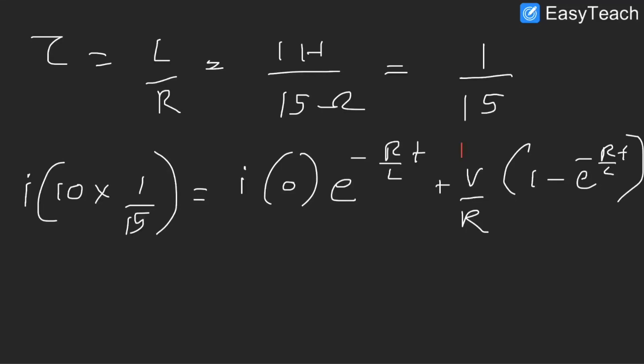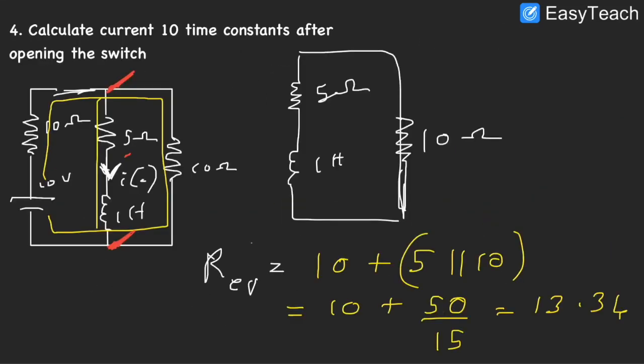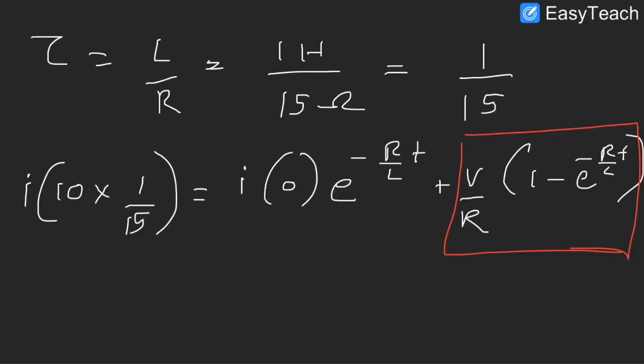Now once again, before we do anything, let's look at this term. At time t equals 0, our switch is going to be open, so there's no voltage being supplied here, so this is going to be 0.